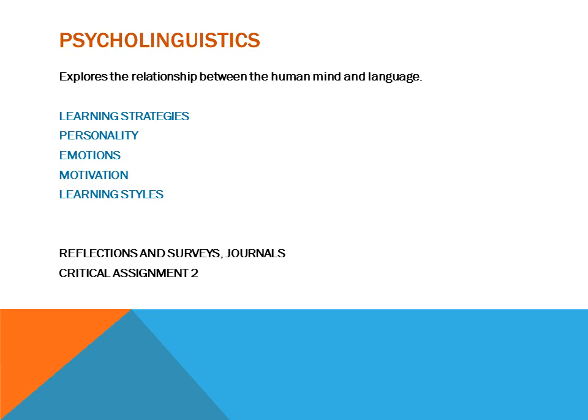The three primary processes investigated in psycholinguistics are language comprehension, language production, and language acquisition. So you can already see why we will be studying it after we learn about language acquisition. Psycholinguistics is the study of the psychological factors that enable humans to acquire, use, comprehend, and produce language.